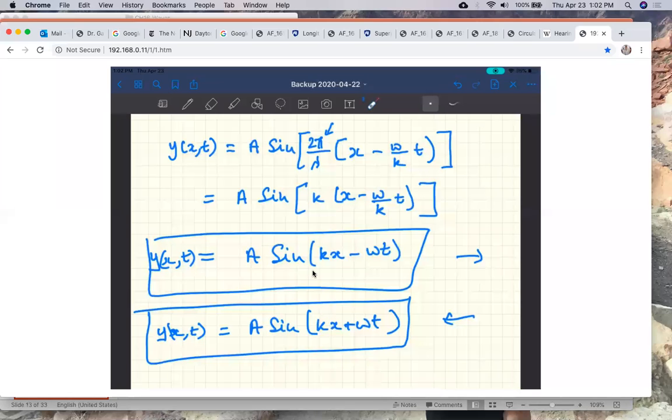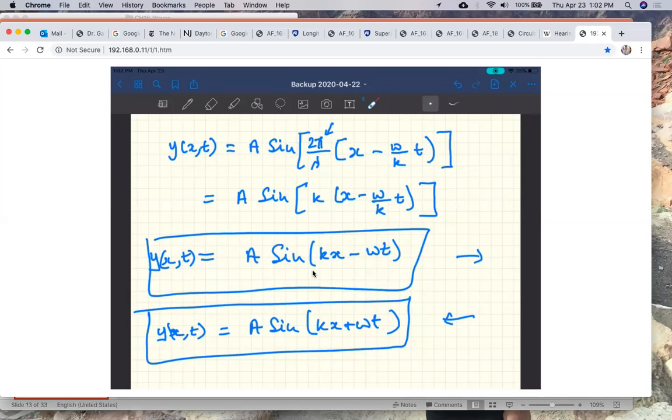So y(x,t) is a sine k x minus omega by k t. That's kx, and this k cancels, and so the second term is minus omega t. So y(x,t) is a sine kx minus omega t. So a wave traveling to the right is given by that, and similarly a wave traveling to the left will be given by that expression.